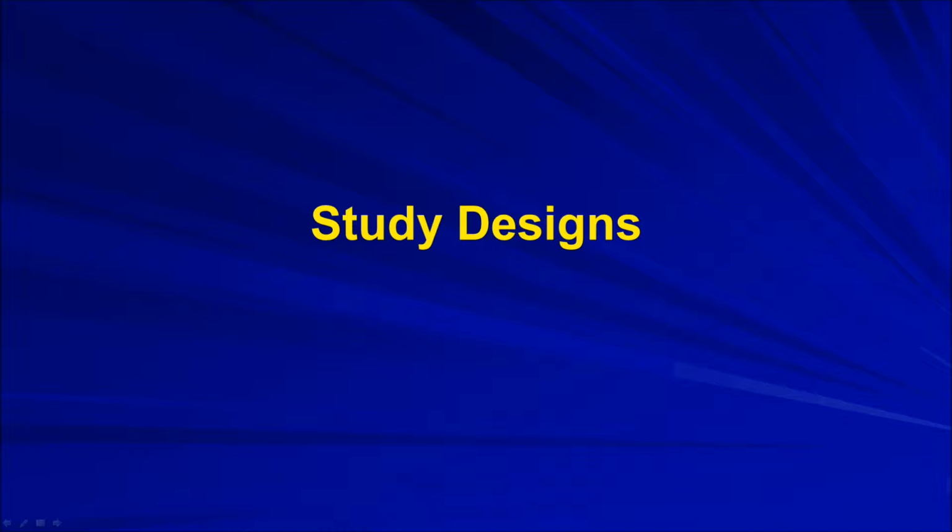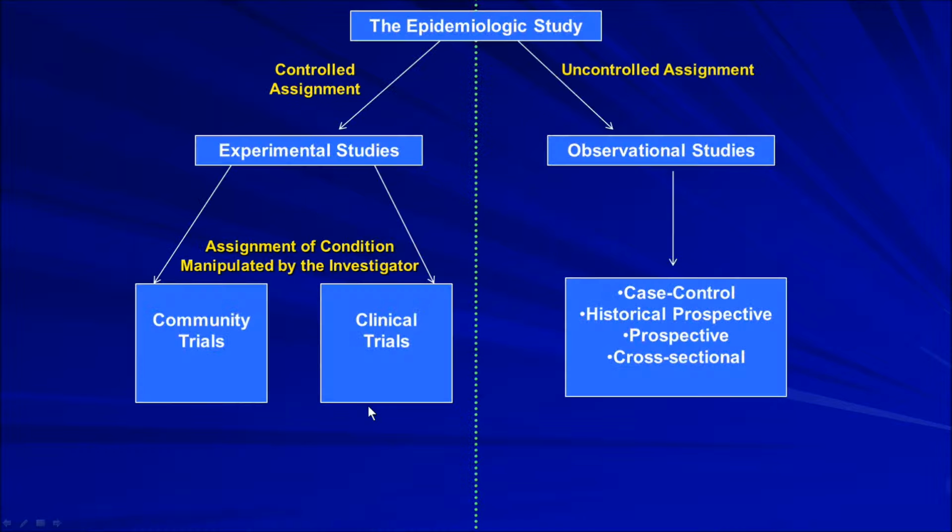The next slide will help to differentiate the two types of study designs that we're going to focus on. I want you to notice that we're going to focus on experimental studies, and next on observational studies.